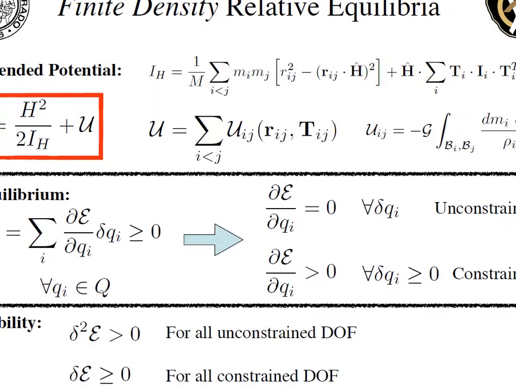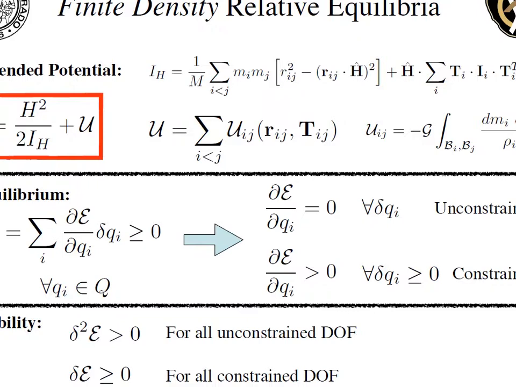And for the equilibrium, we still have what we call unconstrained equilibria. But if you recall, since we now have these finite bodies with finite densities, there's always a minimum distance between which these two bodies can come to each other. And that provides the route towards another relative equilibrium condition.